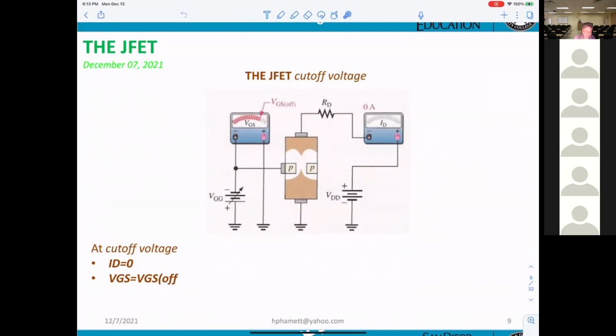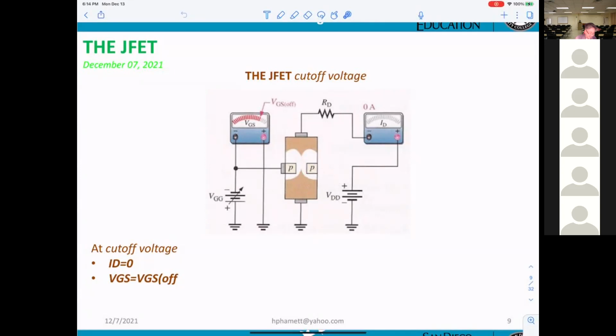When we see more pictures, you can see. Now, JFET cut off voltage. At cut off voltage, ID equals 0. You can see right now in here, no more channel. So that's why no more current flows from the drain to the source.